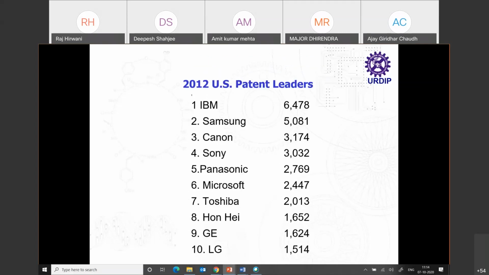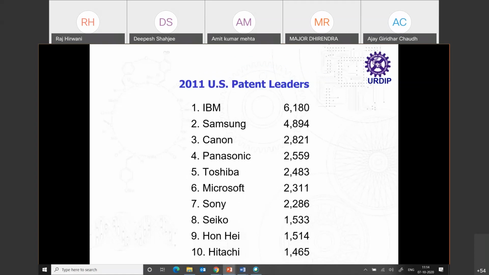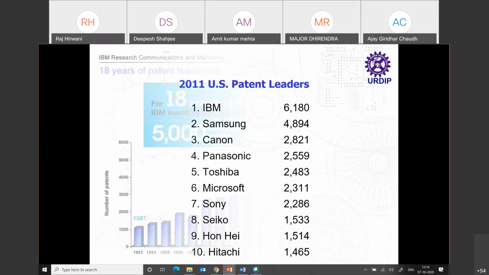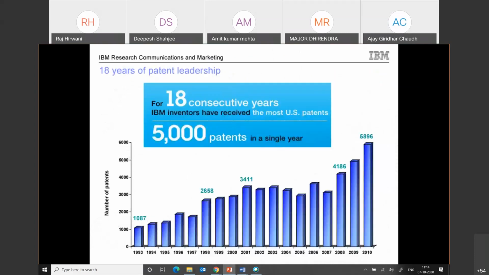IBM has remained number one now for more than 28 years. Nobody is able to dispute. Samsung is close to them for 10 to 15 years. This is a study we did in 2011 when IBM completed 18 years of being number one, so 18 plus another 10 years, 28 years, number one.